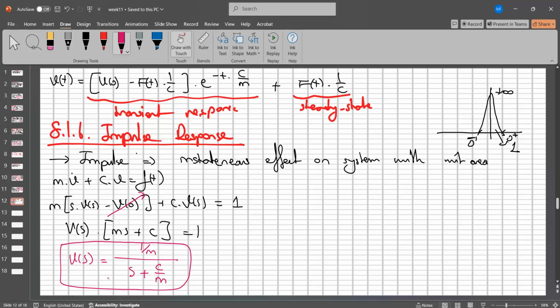What is the solution of this term? v(t), yes, an exponential term, e to the power of minus t times c over m. Okay, and so what is that? What's the meaning of this right now?